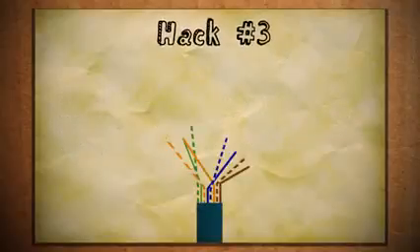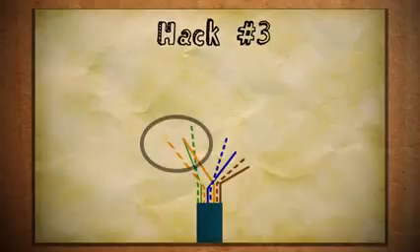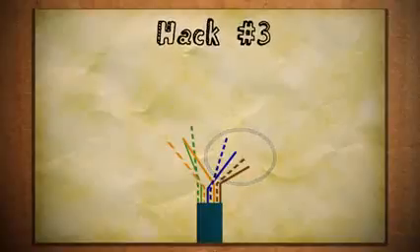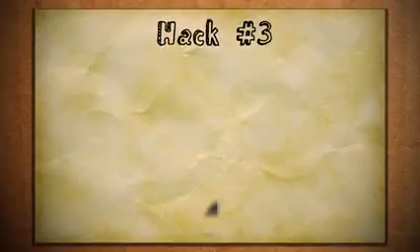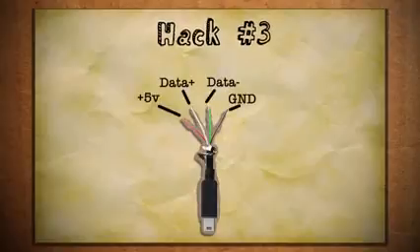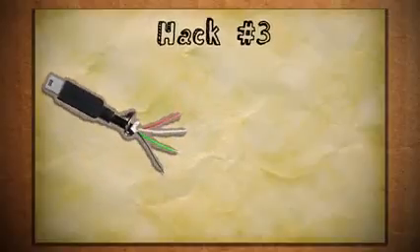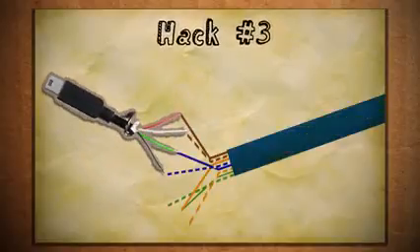Alright, now that you know that most Ethernet cables only use half of their wires, you can use the remaining 4 wires for almost any other purpose and still have a functioning Ethernet cable. One perfect example is USB, because USB cables use exactly 4 wires. To hook this up, align each color on the Ethernet cable to match a corresponding color on the USB cable.